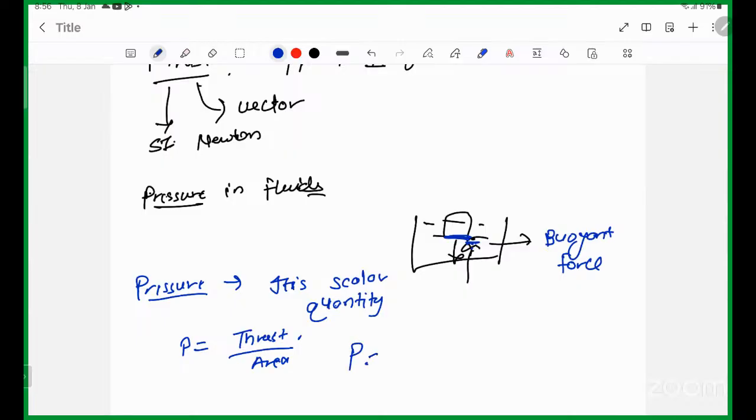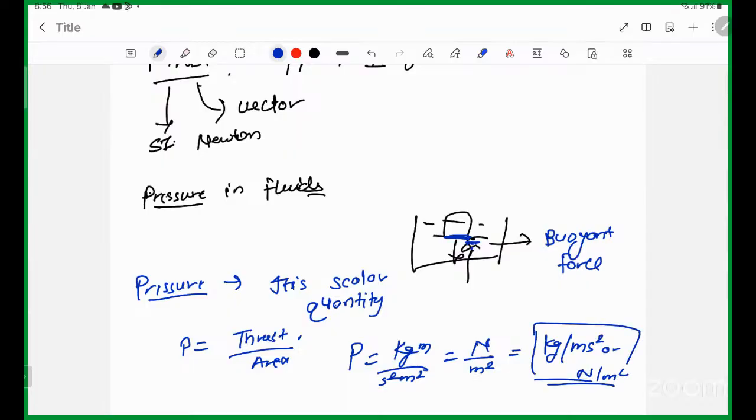So the unit is kg m per s square divided by m square. You can also write it as N per m square.